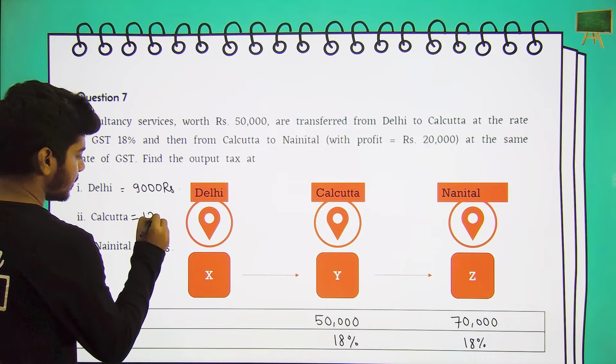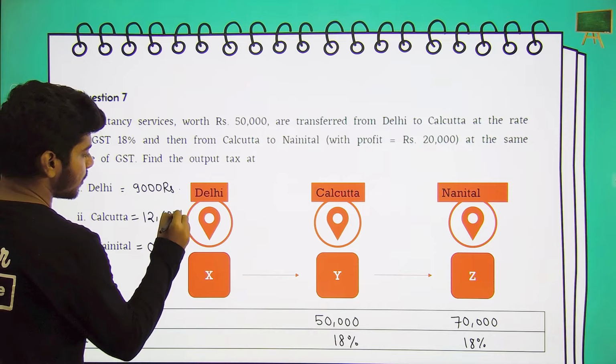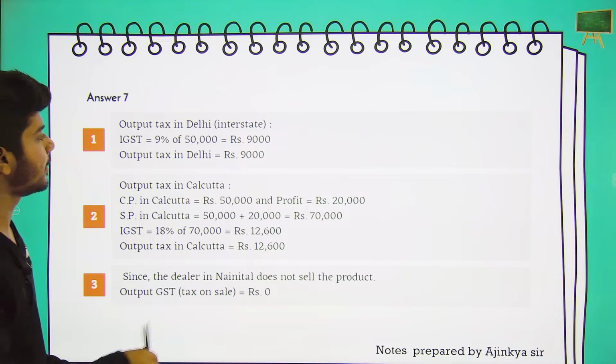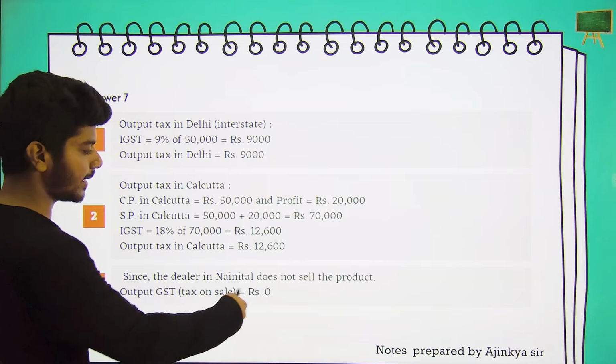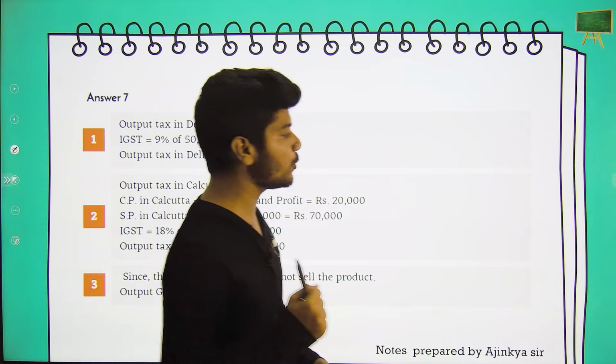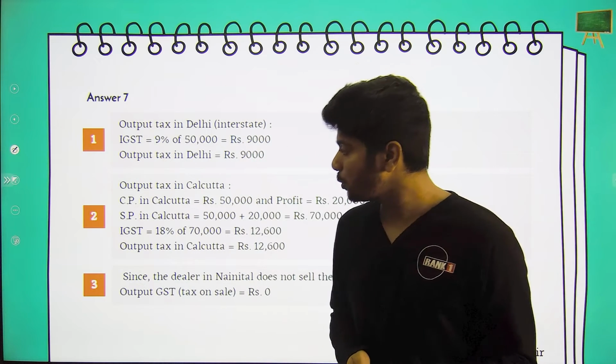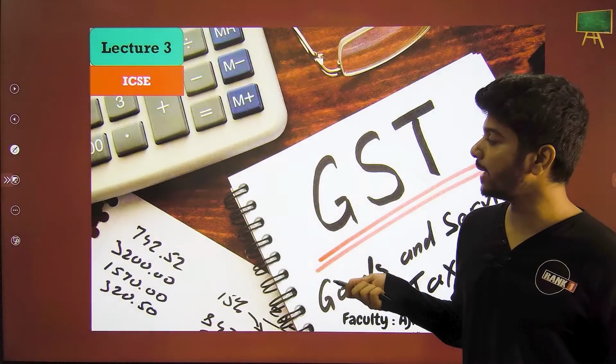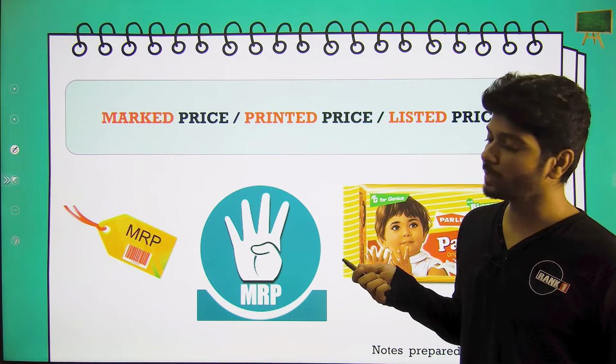Let's check the answer now: 9,000, 12,600 and 0. So this is how you are supposed to calculate. See, I told you, always make those two rows. That will be definitely helpful while you are solving the sums.